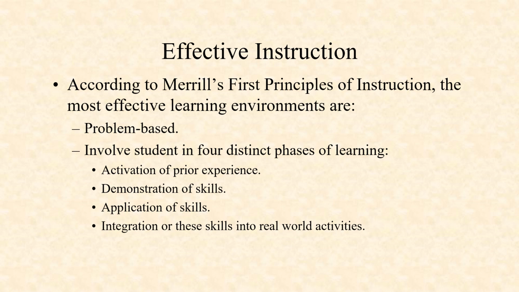Also, Merrill says that effective instruction involves the student participating in 4 distinct phases of learning. In the beginning, we have to activate their prior experience. Then the student has to demonstrate the skills that are being learned and apply those skills and integrate those skills into real-world situations if we want the instruction to truly be effective.